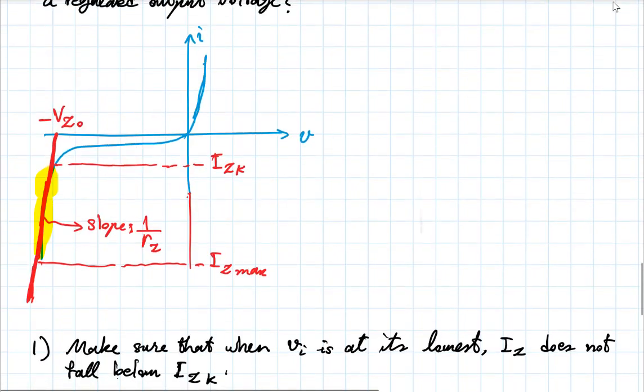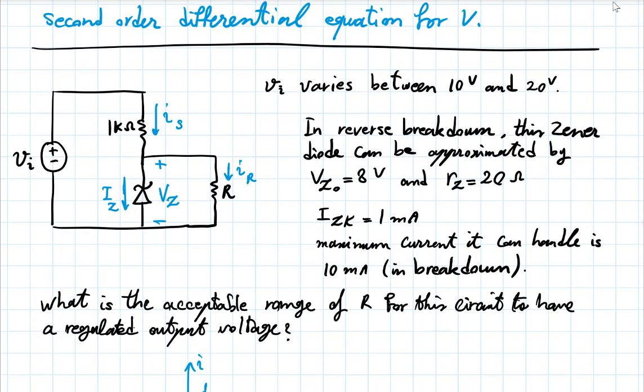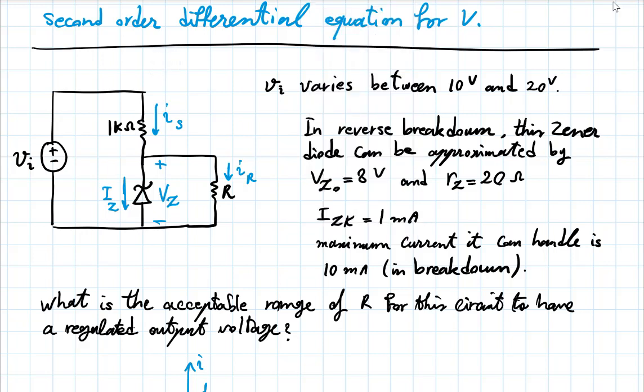So that's really the limiting condition. So I have to solve the circuit, realizing that here I have 10 volts at the minimum. Now if I have 10 volts there, I don't want Iz to be any below Izk. So it means I want Iz to be just at that limit, 1 milliamp. So if I want 1 milliamp here, what will Vz be? Because if I know Vz, then I can calculate IR, and then I am all set.